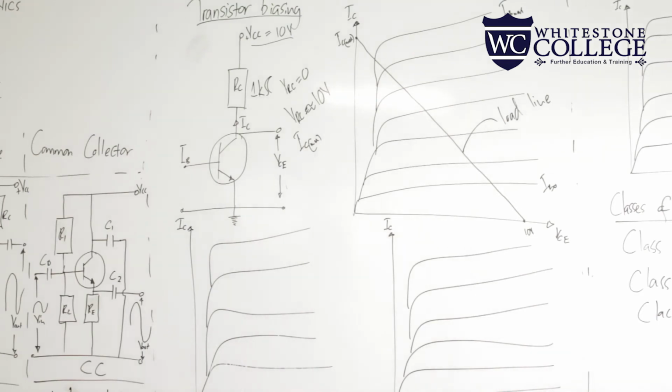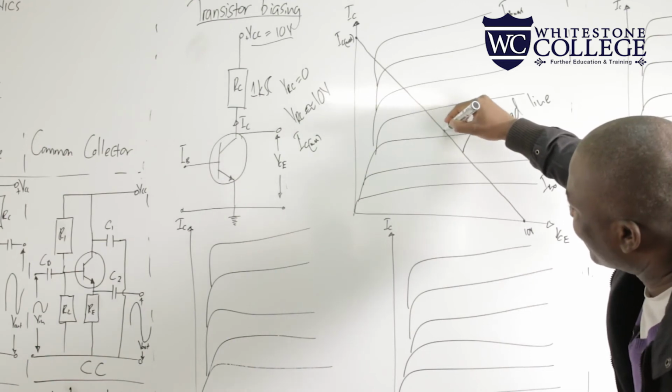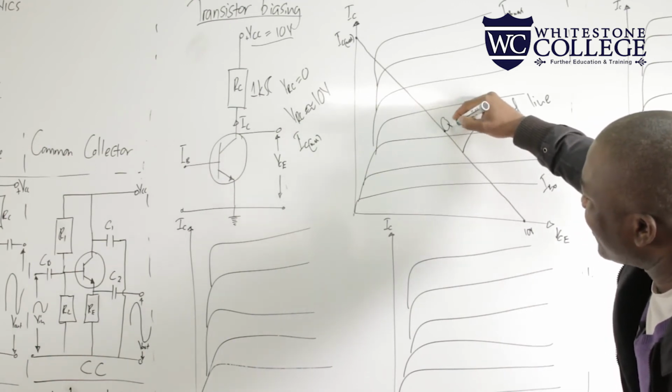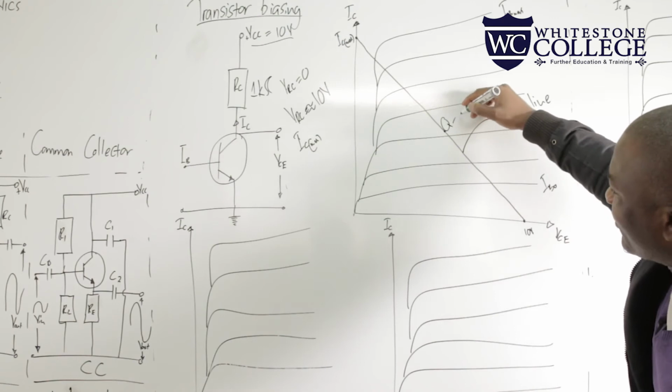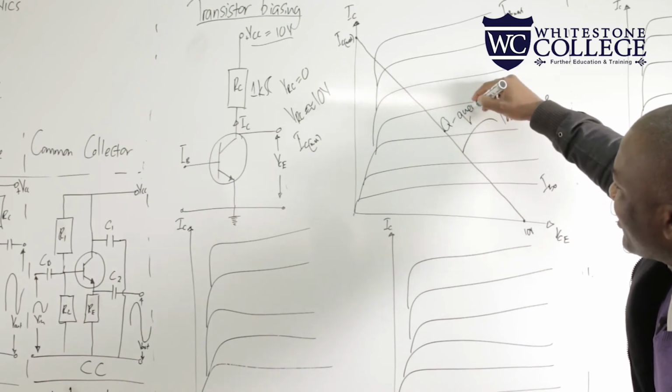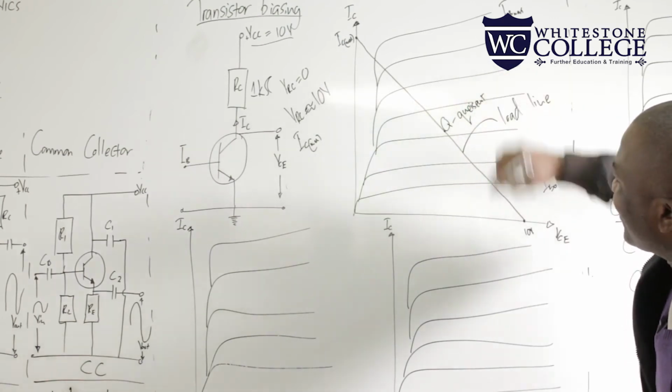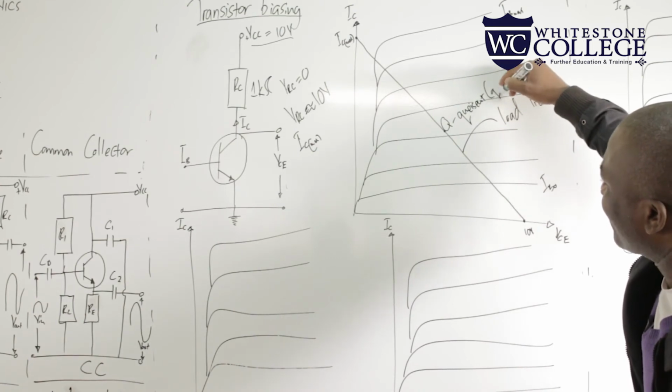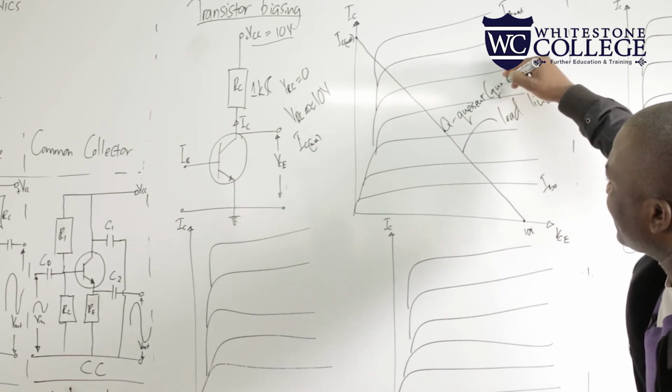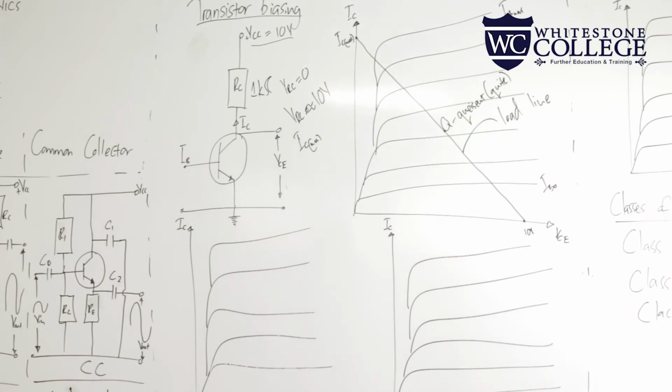So along the load line, there is a point whereby our DC characteristics will be present and AC characteristics will be absent. That point we call a Q point, which means quiescent or quiet point, something like that.